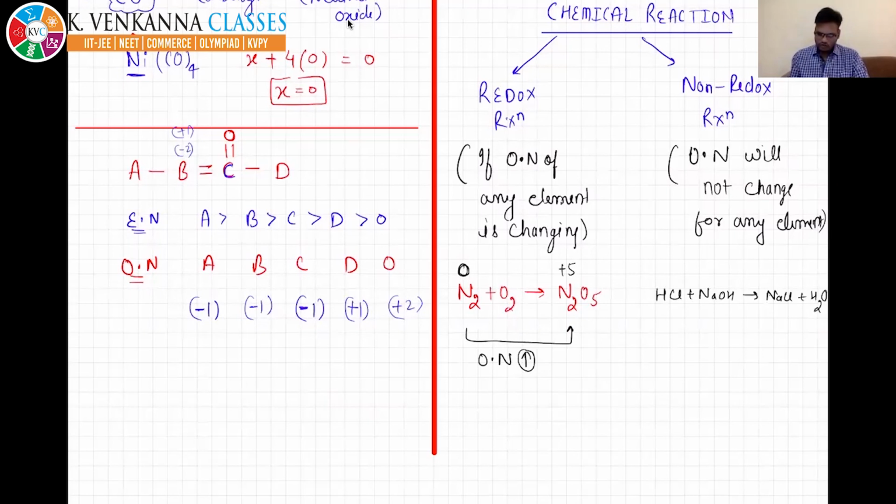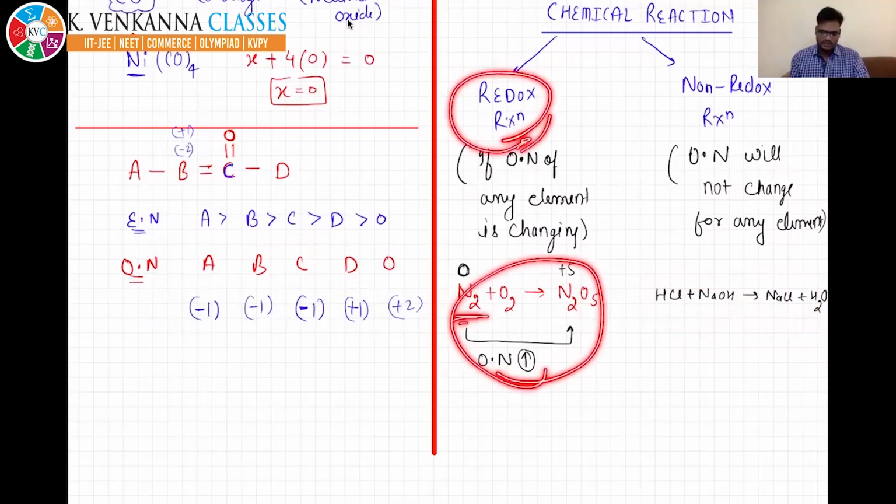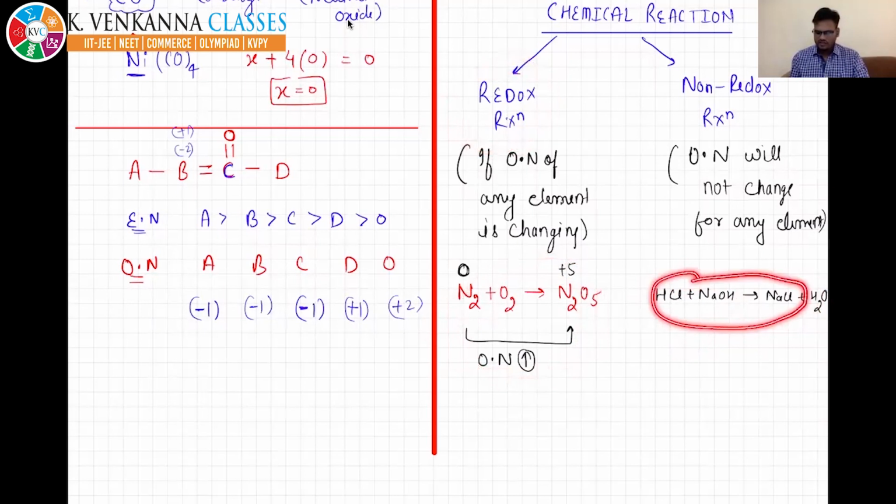If you solve, the oxidation number of all the elements remains the same. In the earlier case, oxidation number is changing for at least one element. Such reactions are studied as redox reactions, and those in which oxidation number is not changing are studied as non-redox reactions, right? So broadly, these are the two types of reactions.